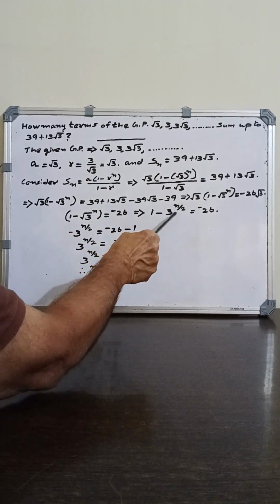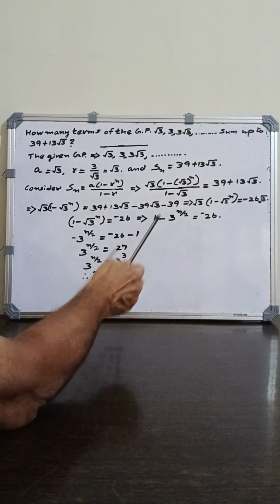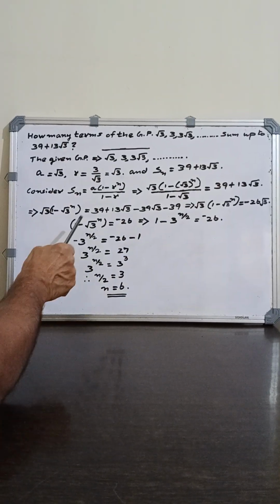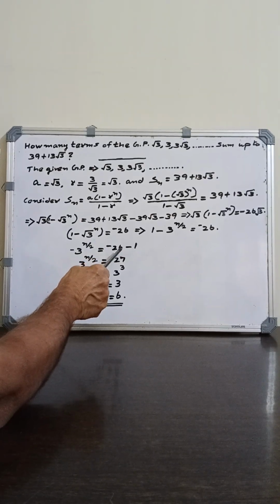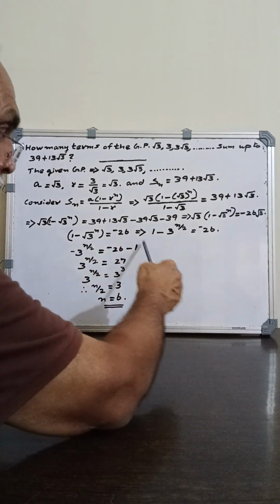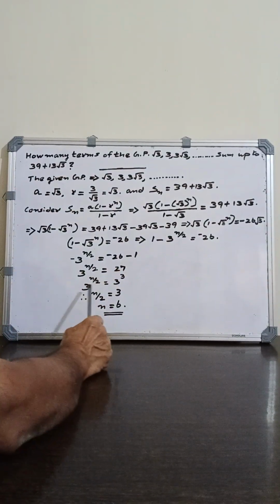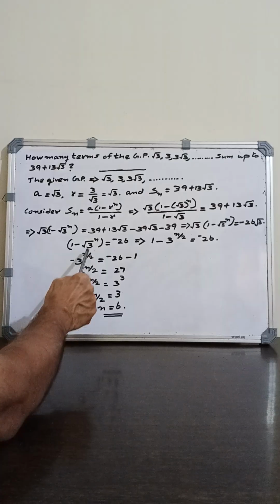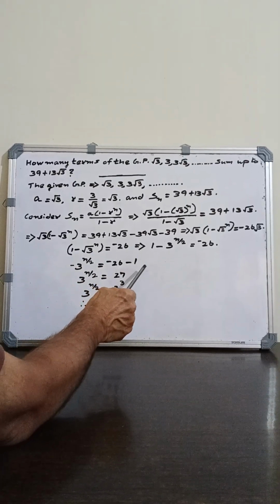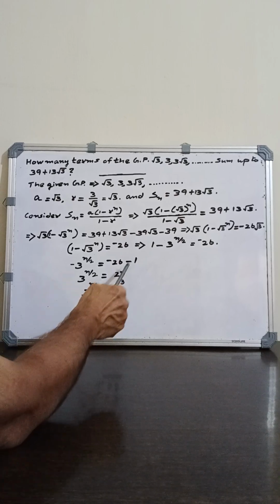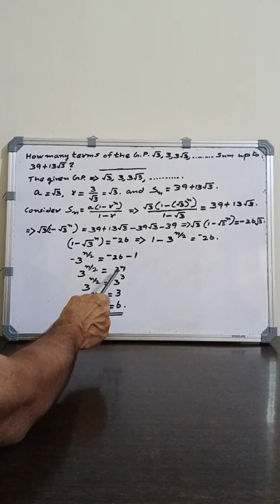Therefore, 1 minus 3 raised to n by 2 equals minus 26. That is minus 3 raised to n by 2 equals minus 26. This 1 can transpose to the RHS as minus 1. Therefore, minus 3 raised to n by 2 equals minus 26 minus 1, minus 27. Minus and minus cancel, therefore 3 raised to n by 2 equals 27.